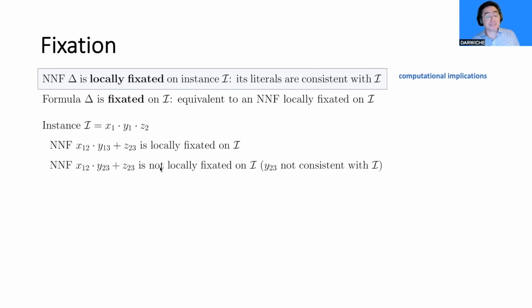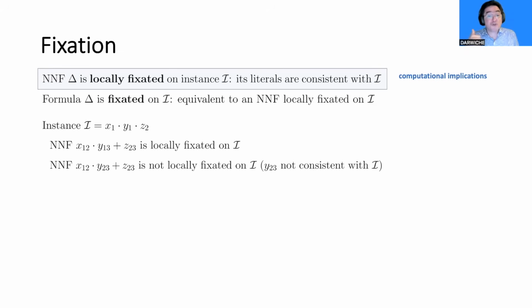Now, this one is not locally fixated on the instance. Why? Because this literal is not compatible with that. So that's basically what locally fixated is. And if you recall the way we define the general reason, it's obvious that it's locally fixated on the instance.